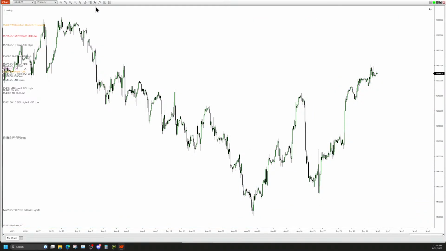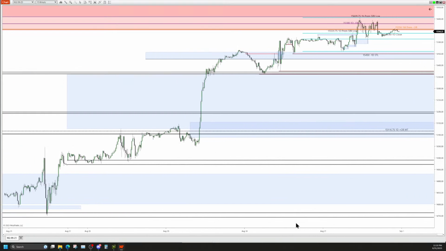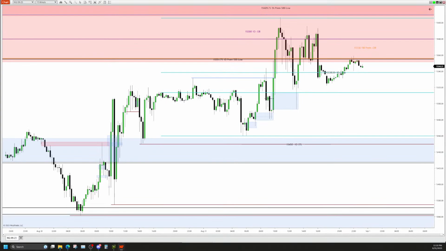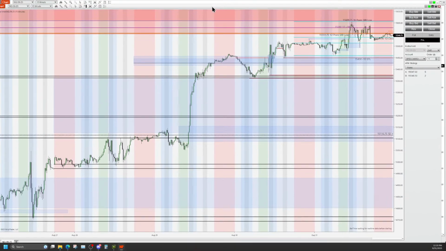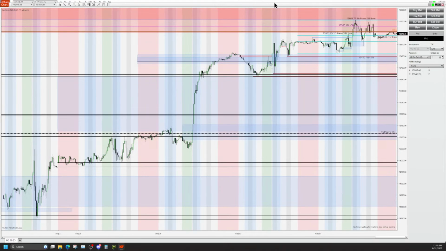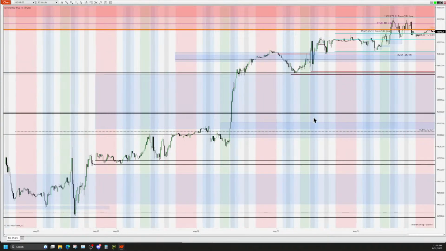Okay, so let's look at the 15-minute and see what happened here. Let me grab a different screen. Duplicate window, and let's pull this over here. I'm going to get rid of this one for now, and get rid of chart trader as well so you can see the whole screen.